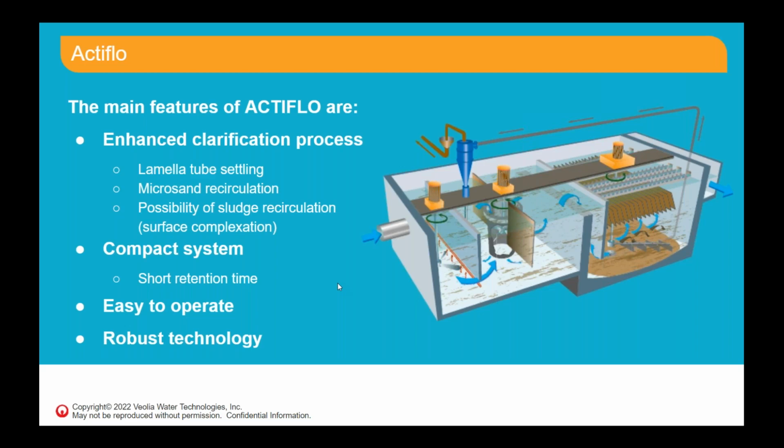It's a very compact system. There's a short retention time because the lamellas provide a very high surface area for settling. So it's very compact, easy to operate, and very robust. You can start it in a matter of minutes, and it's fully functional very fast.